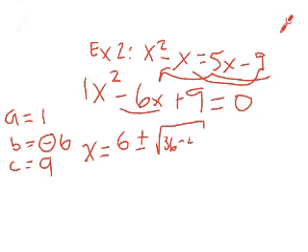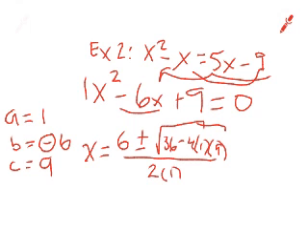Minus 4 times A times C, all over 2A. Okay? So if we look at this, we've got 6 plus or minus the square root of 36 minus 4 times 1 times 9, which is also 36.